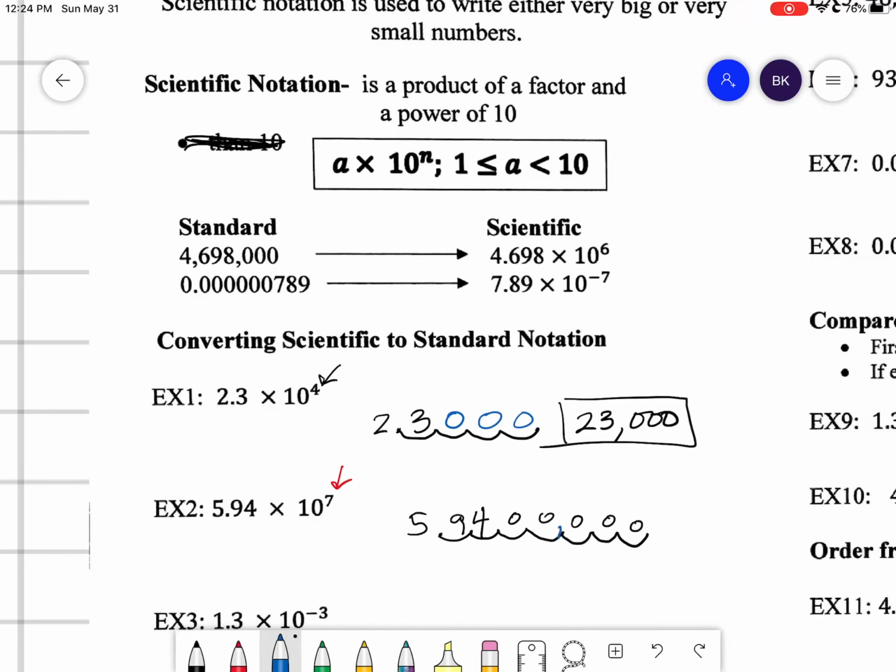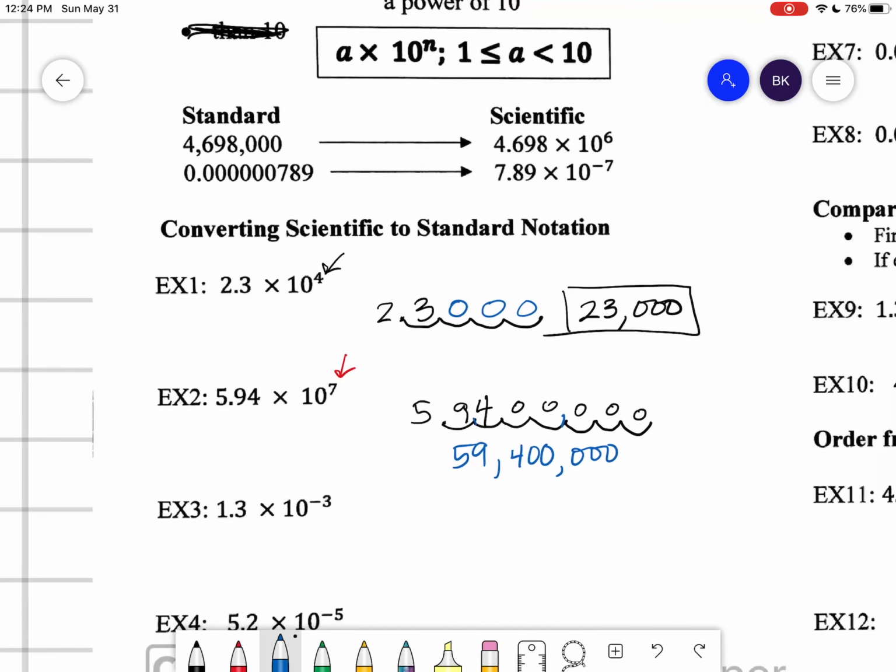And let's see, I'm going to put decimal, so it would be 59,400,000, I'm sorry. Okay. Now, example number 3 has a negative exponent. So the same thing, I'm going to rewrite 1.3.